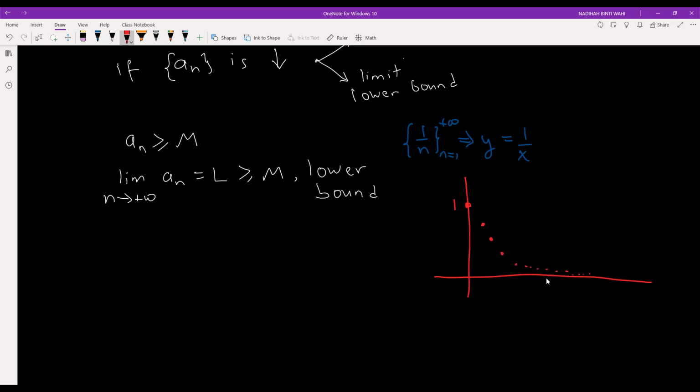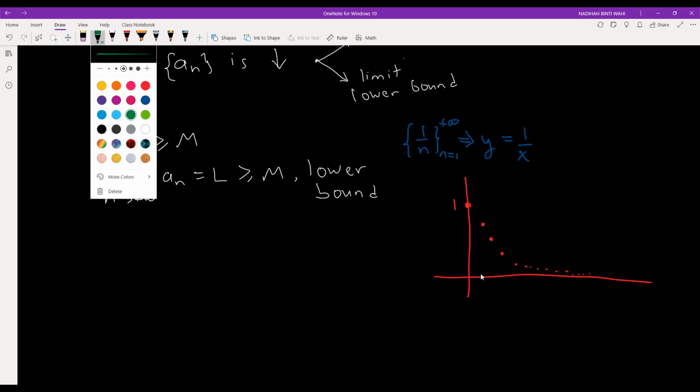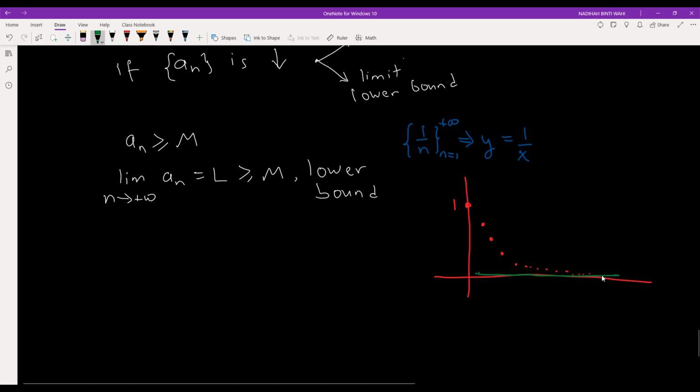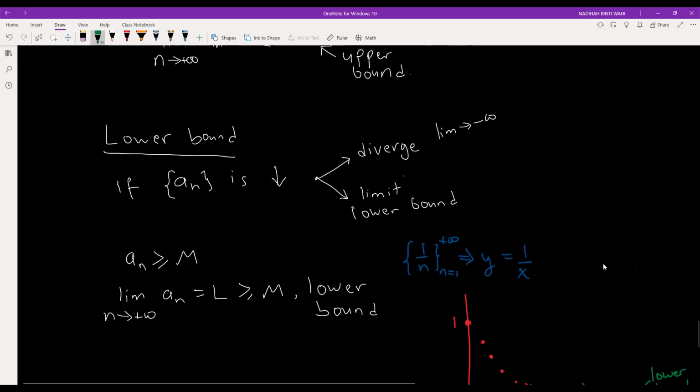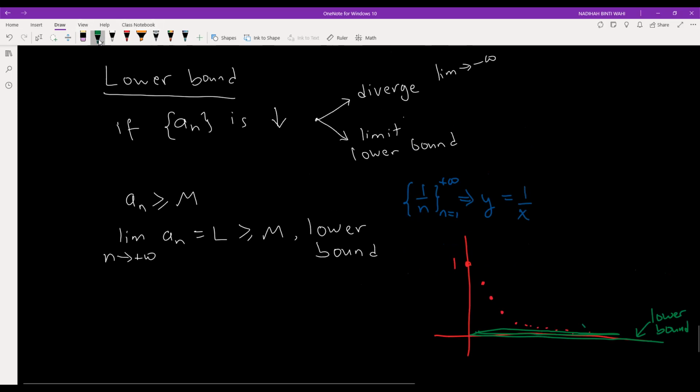It is decreasing, and it is not exactly equal to anything. The line underneath, the x-axis, y equals 0, is my lower bound, because every term is bigger than this one.